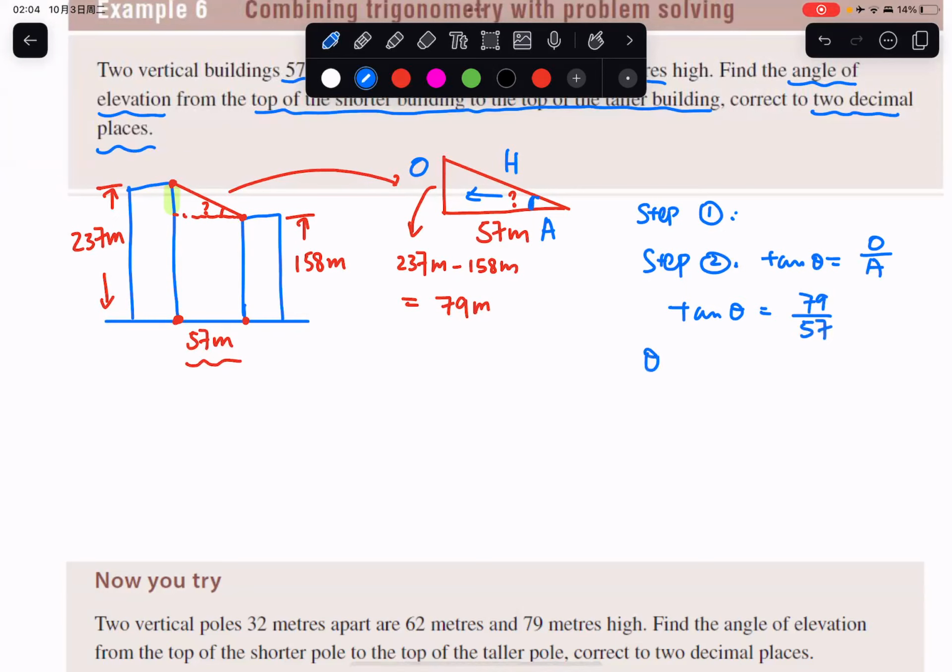We've learned in 4B, when we know the ratio and it's asking for theta, we're going to use arctangent of 79 over 57. Now you put this into your calculator, and they ask you to correct to 2 decimal places. Make sure it's on degree, not on radian.